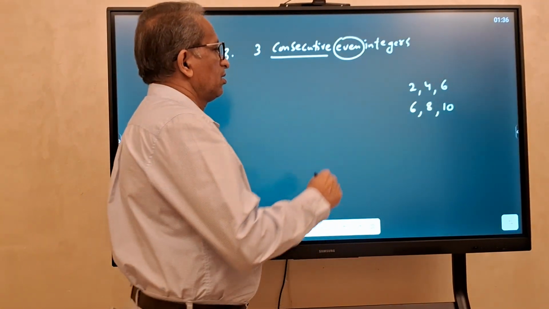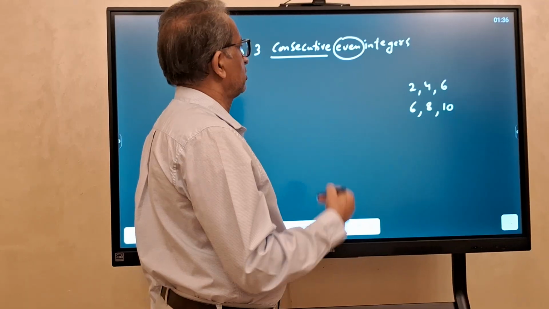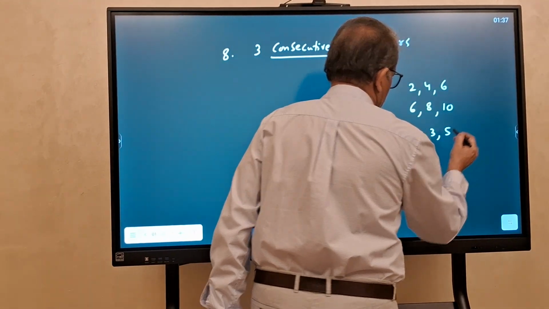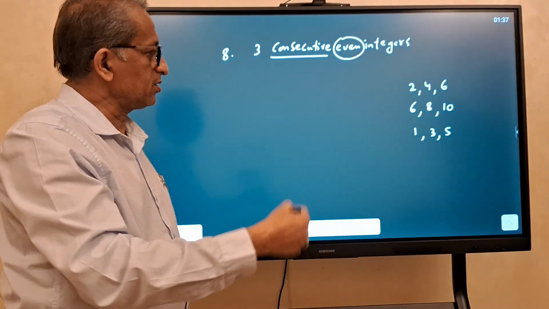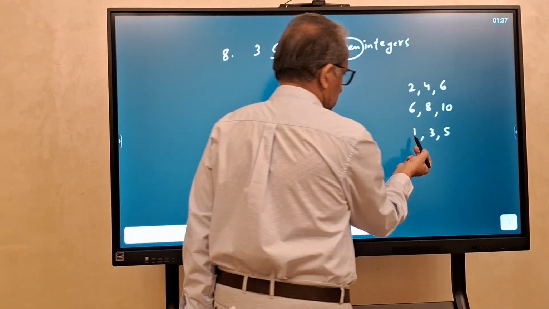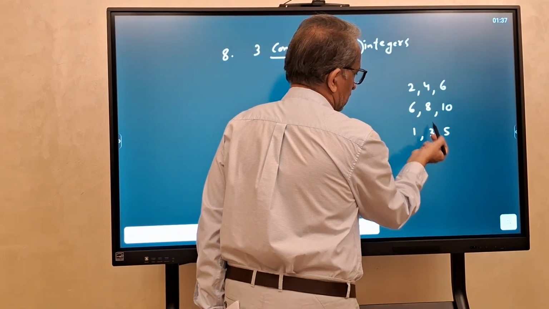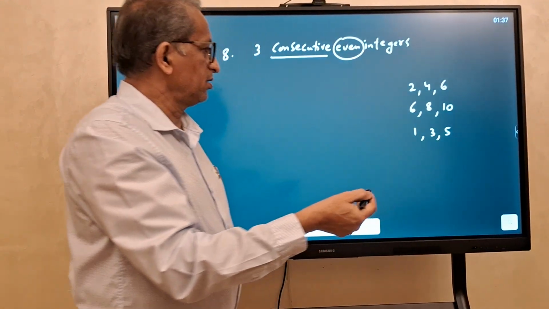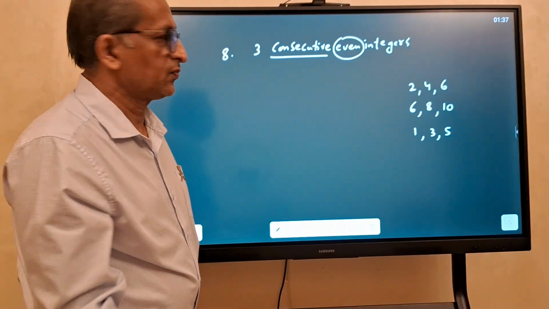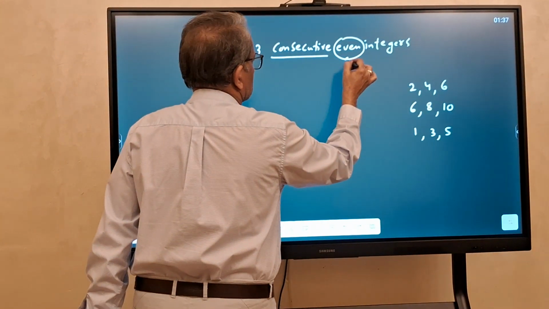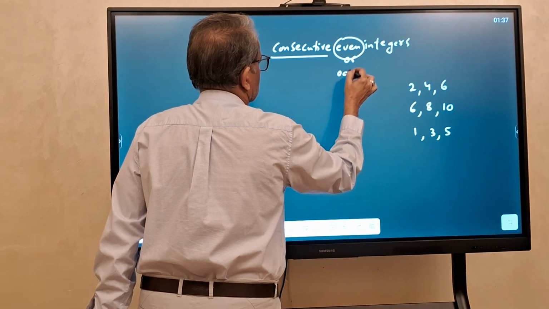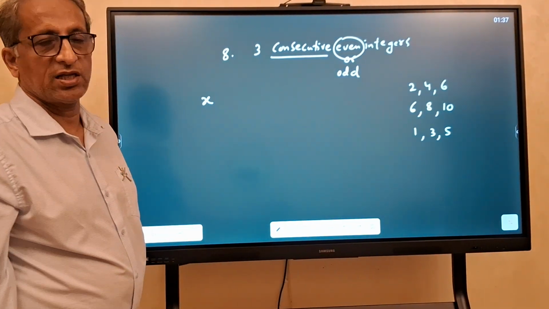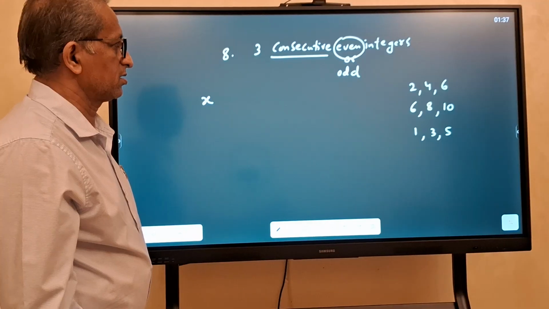So what are the consecutive odd integers? 1, 3, 5. Here also we increase by 2. When I add 2, I will get the next odd number. So whether it is odd or even, you have to start the same way. If it is even, you say that x is the first even integer.